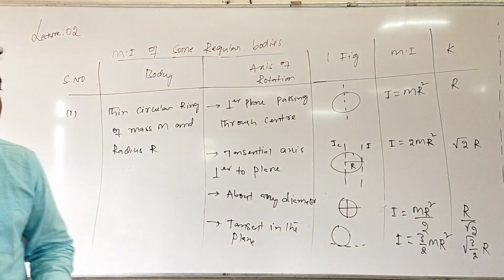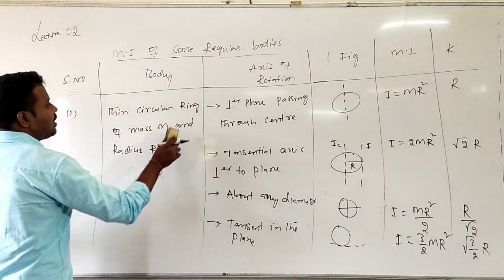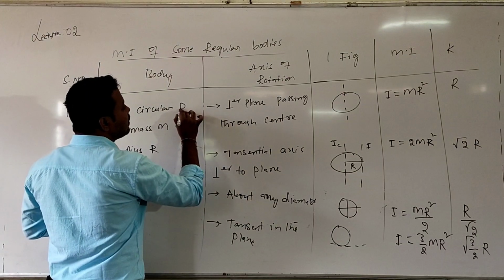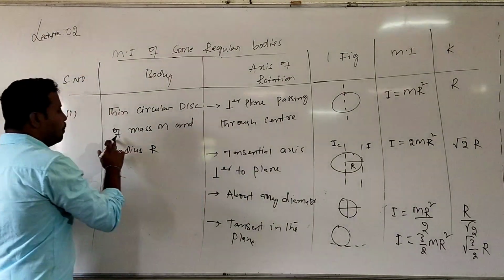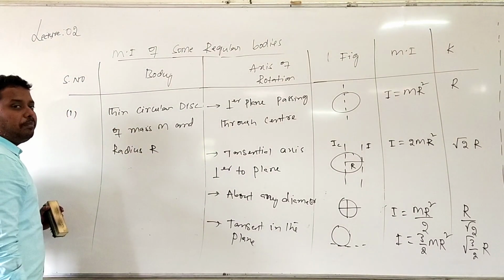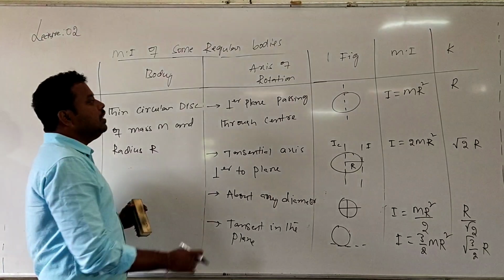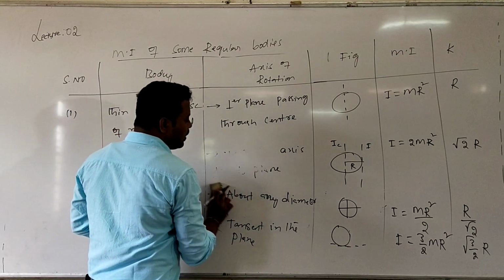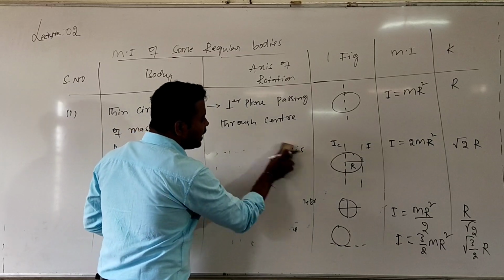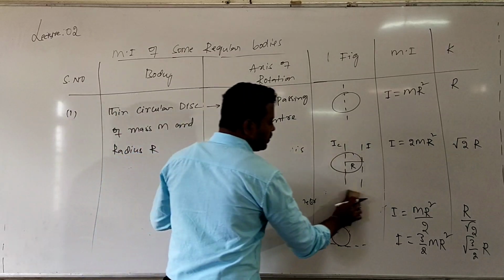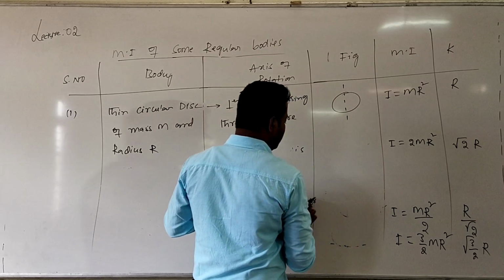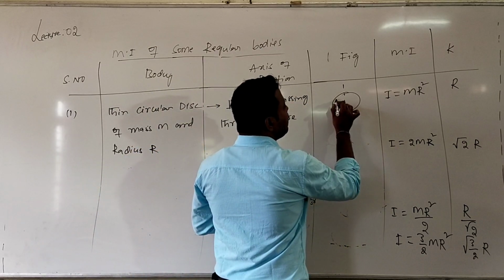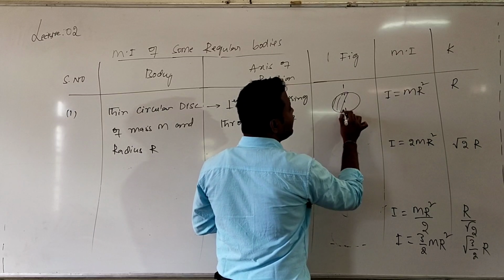So for the second one, after completing the circular ring, we will consider a thin circular disc of mass capital M and radius capital R. Here the axis is perpendicular to the plane and passing through the center, so I will consider only this one axis. What is the difference between the circular ring and the circular disc?